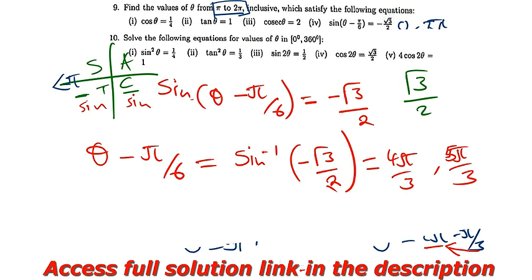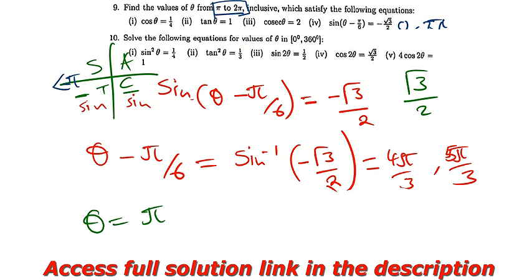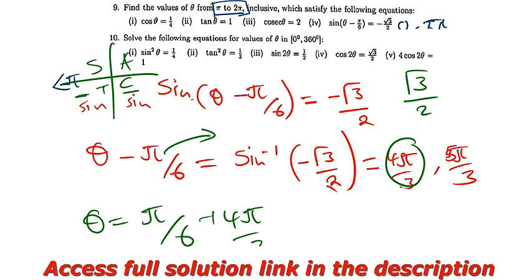So I've come up with two equations so far. Theta is equal to pi over 6. This one has gone the other side. Now the first result would be adding to 4 pi over 3, and then the other one to 5 pi over 3.